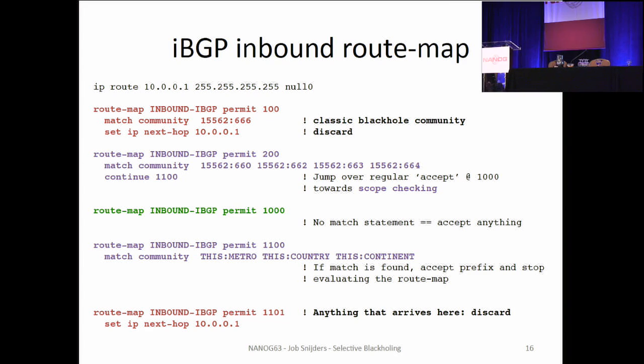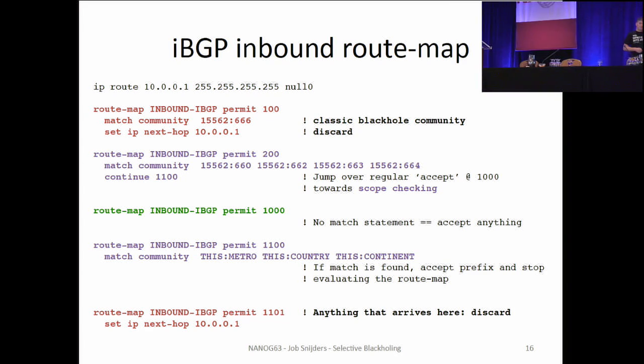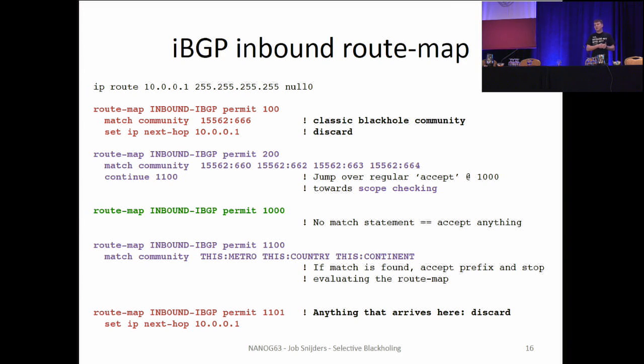So when prefixes or updates reach the router over IBGP sessions, that's the place to validate whether selective blackholing is applicable or not. The first stanza, permit 100, will match a classic 666 discard community. If the prefix has this community associated with it, start blackholing. That's simple. We're doing selective blackholing, so we're not going to match on stanza 100.